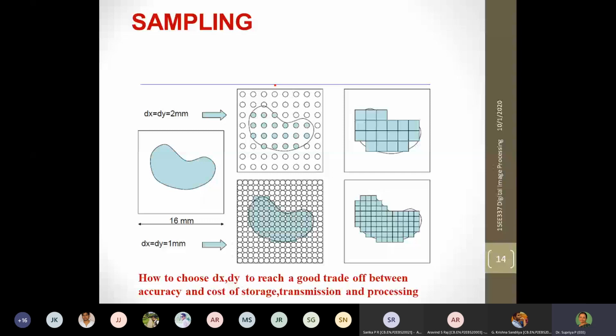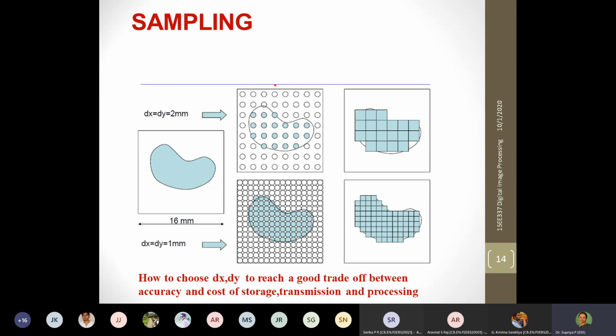And again, many times this image is not only stored, a lot of processing is taking place, and it is also transmitted to various places. You can see images are transmitted to you, WhatsApp images, so many images you are using in your daily life also. So if the transmission is to happen, at that time also the size of the image should not be too big such that transmission takes a longer time.